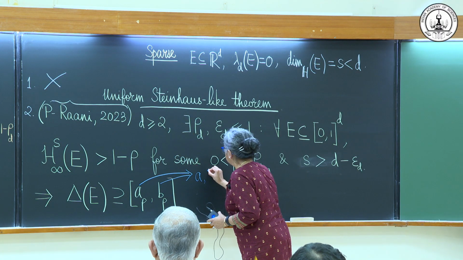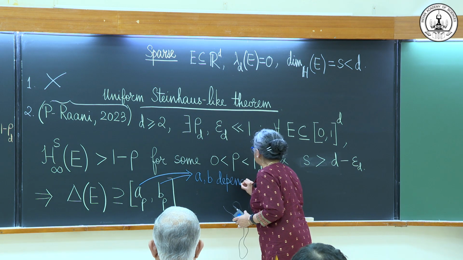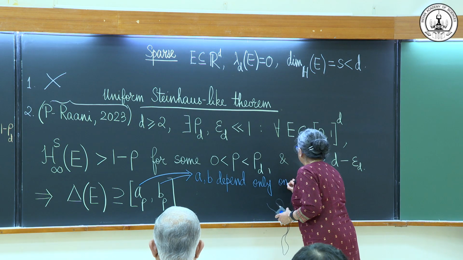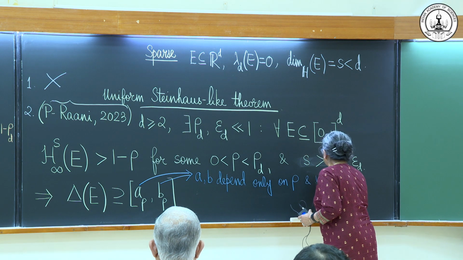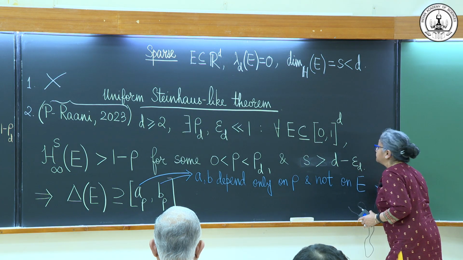A, b depend only on rho and not on E. Okay.